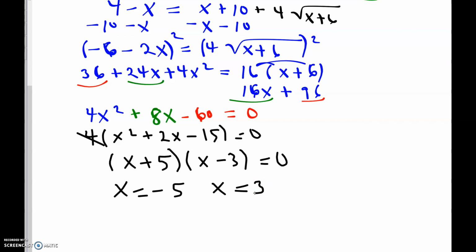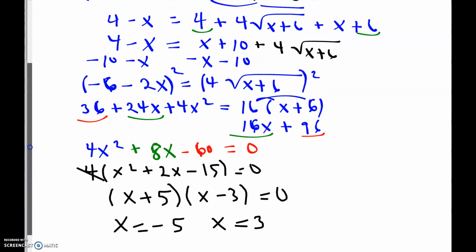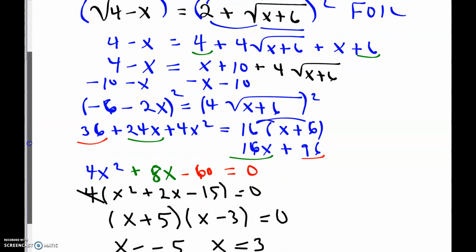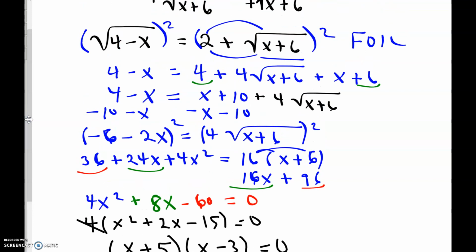What did we learn yesterday about what we have to do with our answers here for radical equations? So let's go back up and look at the original here. We said -5 and 3. We'll write it here so we don't forget.